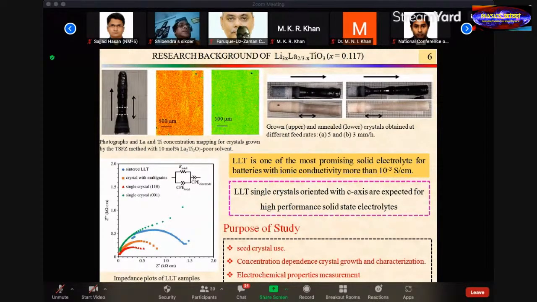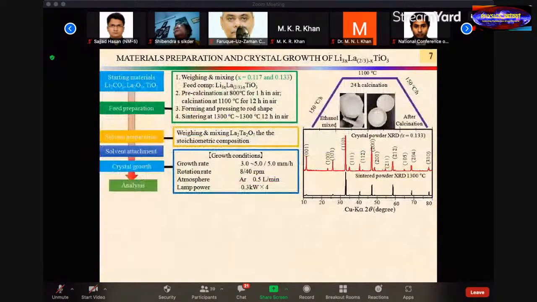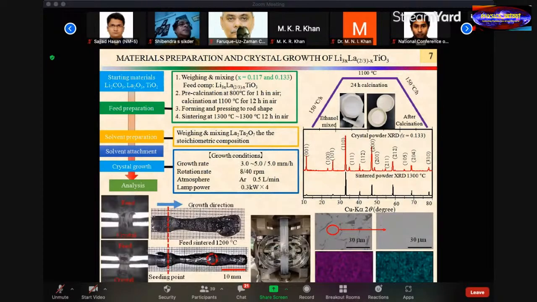So they grew only one composition of single crystal, but my target was to grow different compositions for lithium-dependent ionic conductivity measurement. You can see here the materials preparation and the single crystal growth, and in the right lower corner you can see the SEM and EDS analysis.